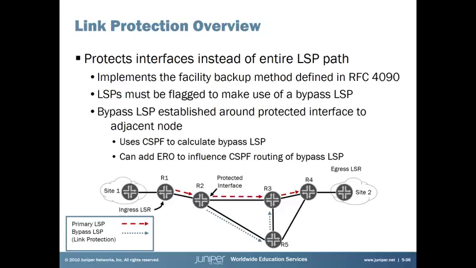Anything could happen to it, right? People sometimes do that. So it protects that link. What it does is establish an alternate path that goes around that particular link, and that path is not active, but it's available in case the link fails.